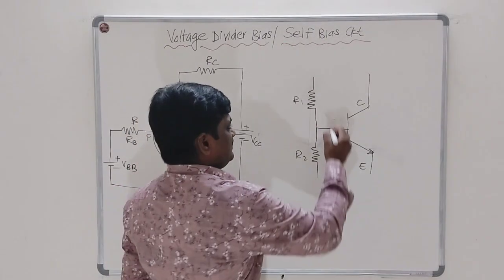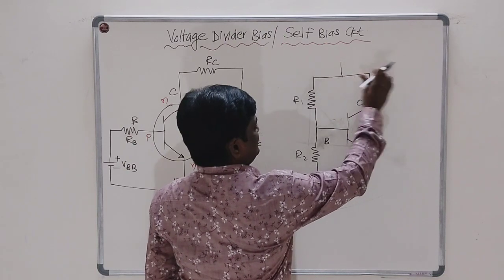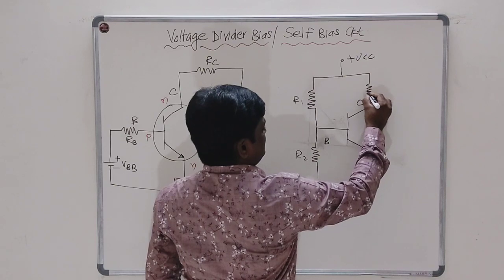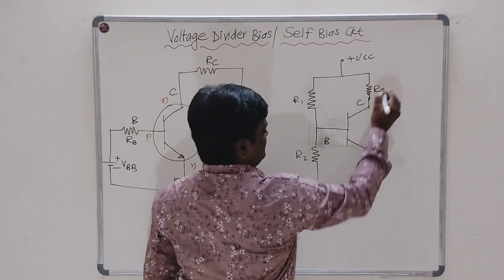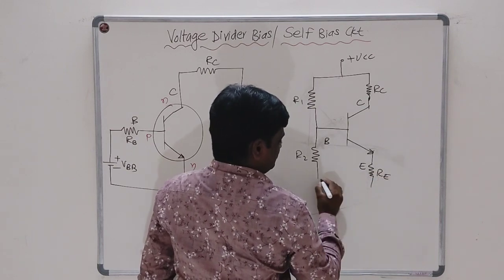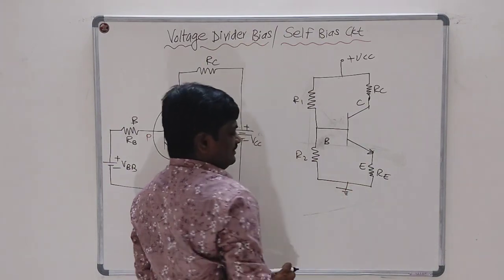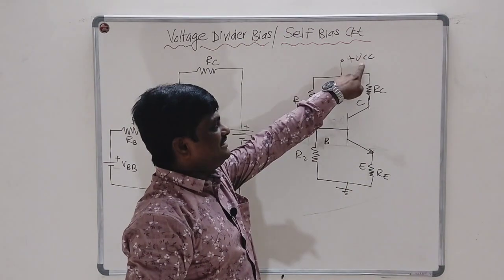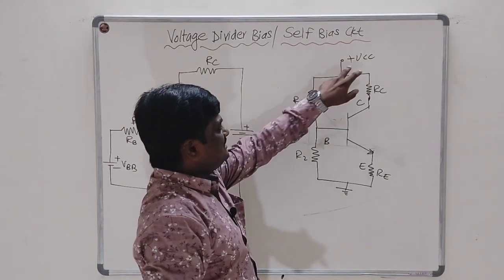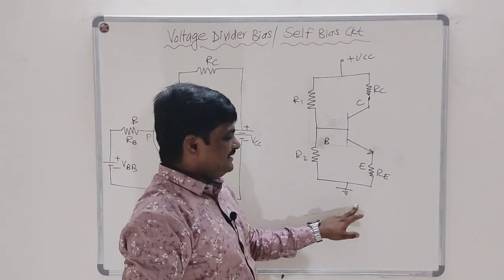I'll explain it. Here I am giving a single supply, that is plus VCC, and there is one resistor in series with the collector, that is RC. There is another resistor in series with the emitter, that is RE, and I am connecting a single DC supply, which is VCC, between the collector point and the emitter point.